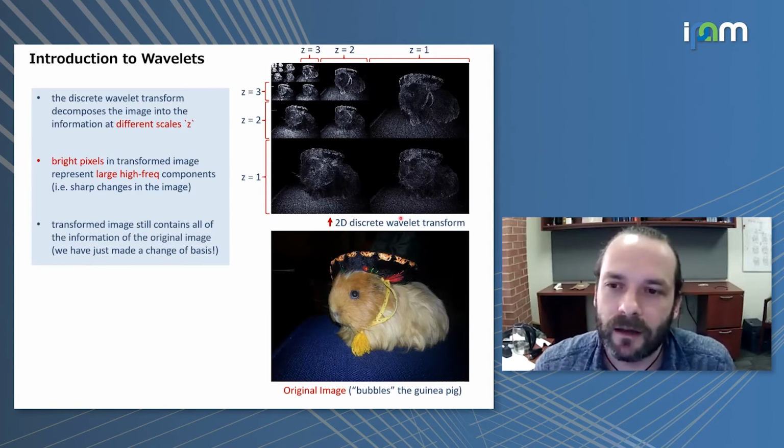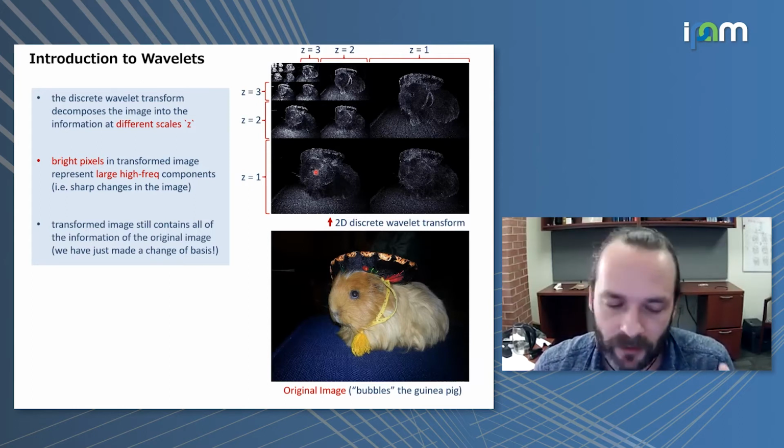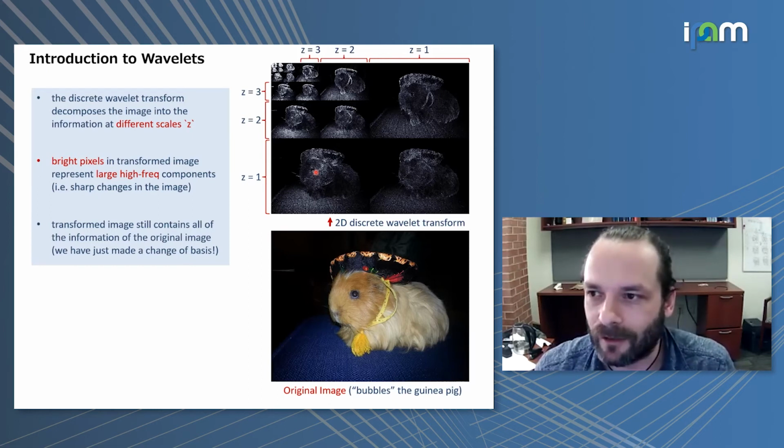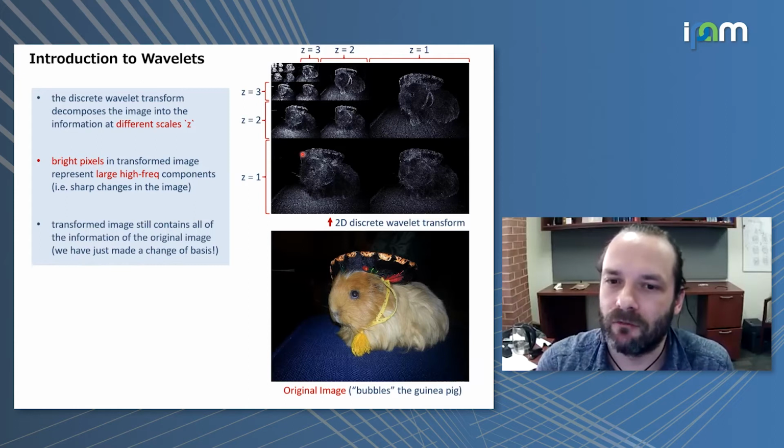In this wavelet basis, I've used the bright pixels to represent the large wavelet values. So you have a large wavelet component whenever the image is changing relatively quickly.